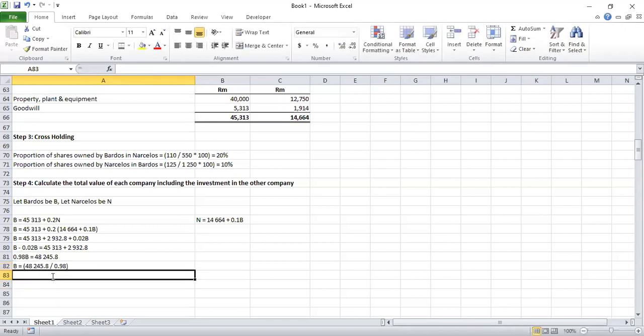What will we get as our B? Since these are millions, you can put, for example, 3 decimal places. It is 49,230.41 million. So that is the value of B, including their investment in Nacelos.